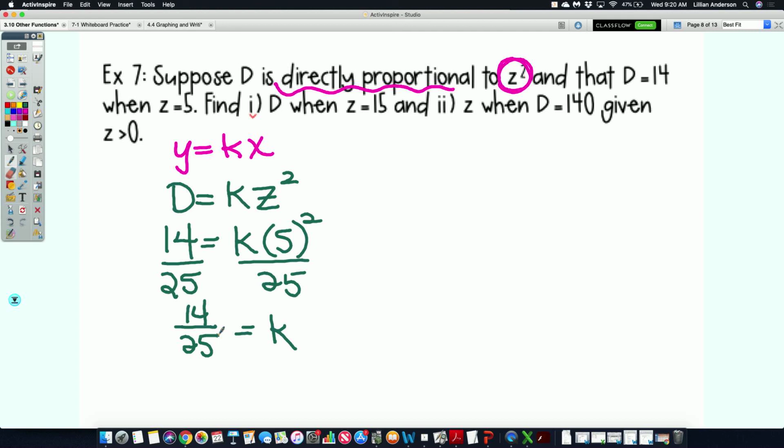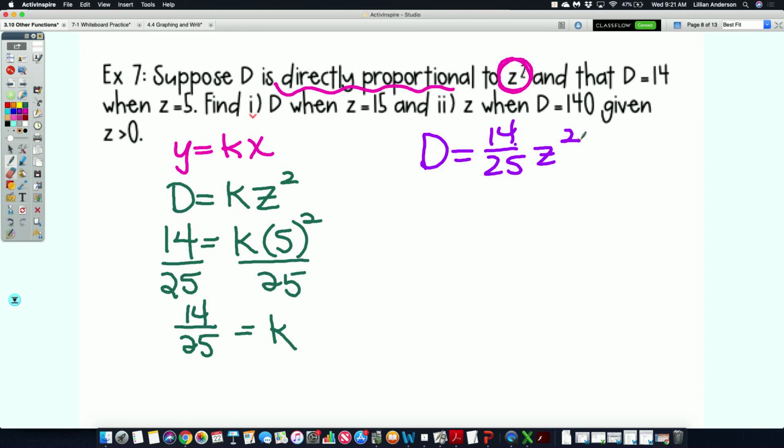Remember, we don't do any premature rounding. We only round at the very end. So our equation is 140 equals 14 over 25 times z squared.